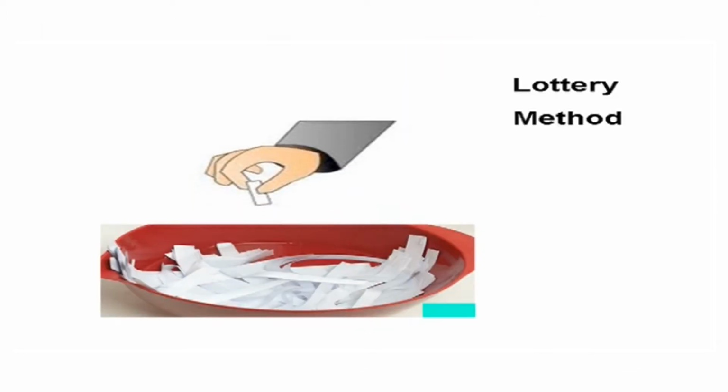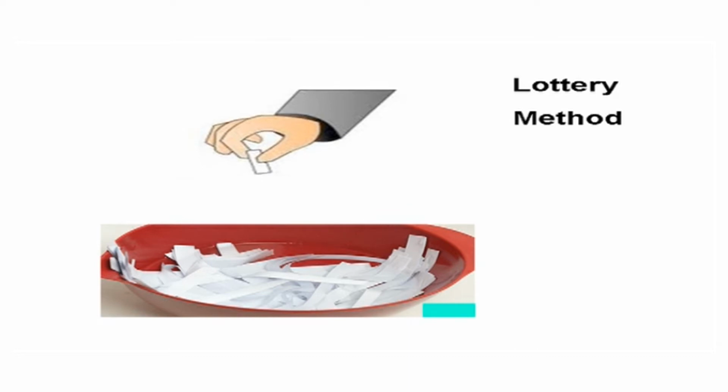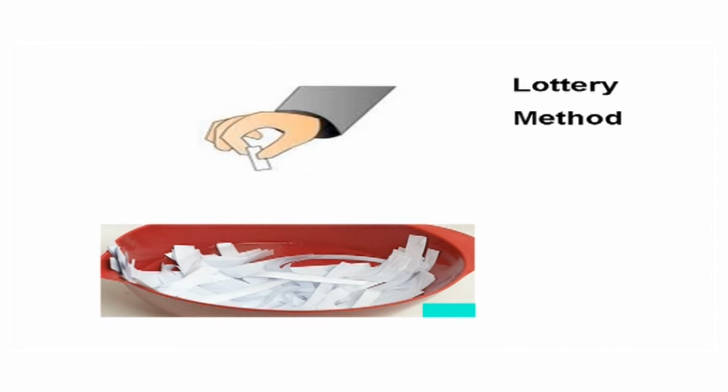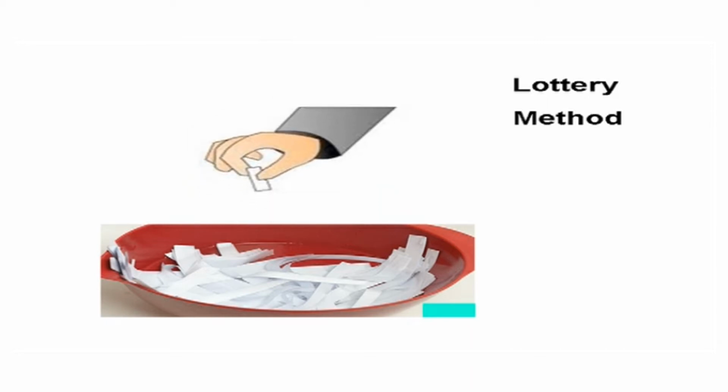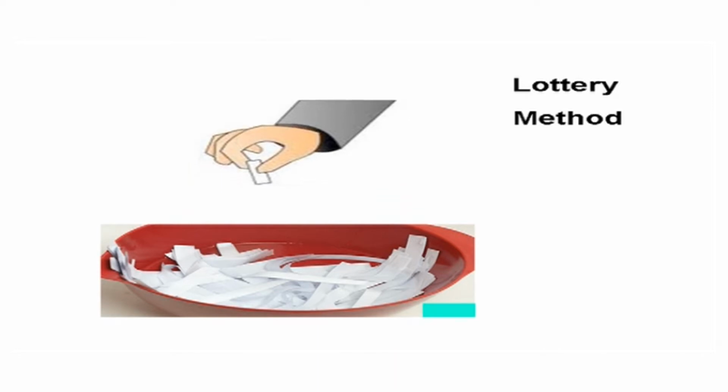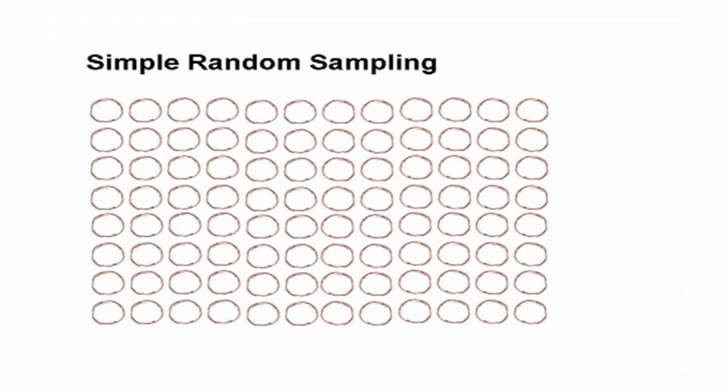Then the required number of cards are picked out from the bowl at random without looking at the number written on them. When we reach the total number required for the research, the drawing is stopped. Then the units identified with the numbers on the cards are included in the research and data are collected from the person to whom the number has been assigned.